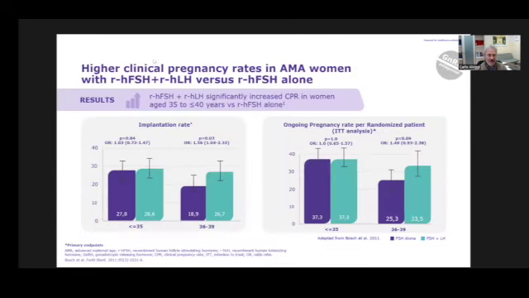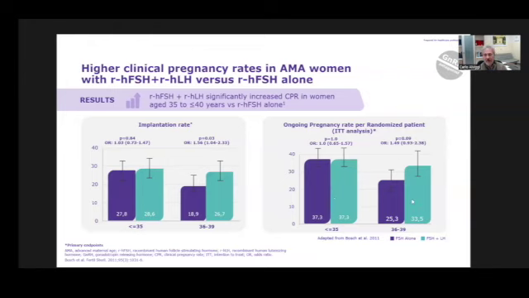And this is the same trial, just better represented. You can see that before 35 years of age, nothing changed in terms of ongoing pregnancy rate between the FSH alone and FSH plus LH groups.